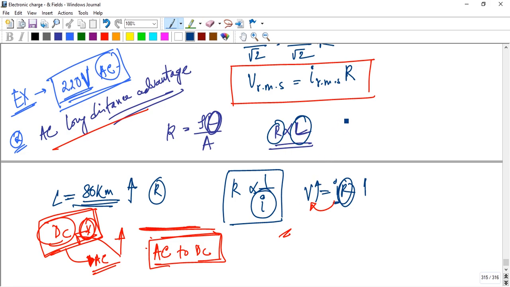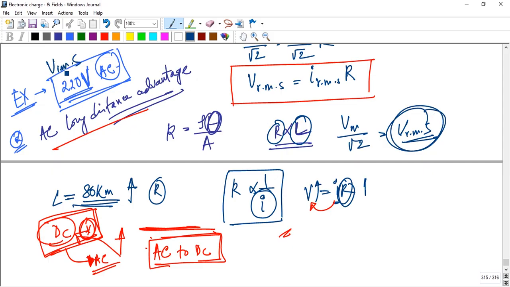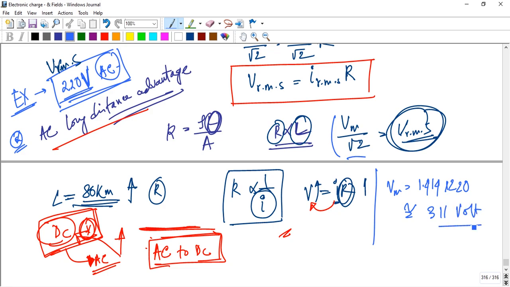Vm divided by root 2 equals Vrms. The Kolaghat supply is Vrms, the root mean square supply. So Vm equals root 2, that is 1.414, times 220 volt, and we get approximately 311 volt. That's the maximum peak voltage.